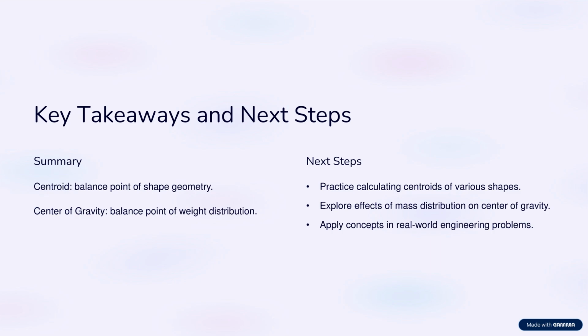So in simple language we can understand centroid and center of gravity in these two sentences. Now let's see the next step: practice calculating centroid of various shapes, explore effects of mass distribution on center of gravity, and apply the concepts in real world engineering problems.